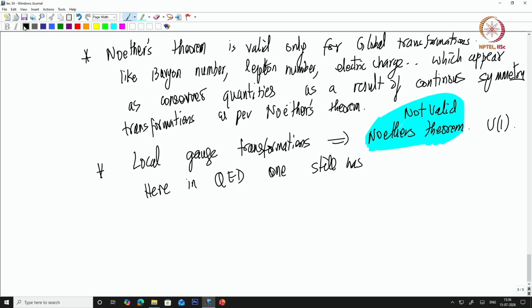So here in QED one still has a conserved quantity, the electric charge, though you cannot equate it with the same thing as Noether's theorem.